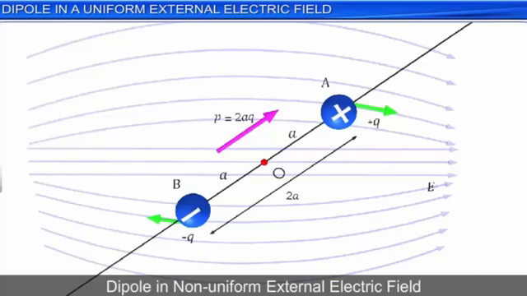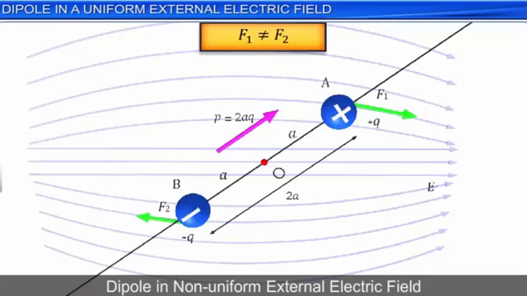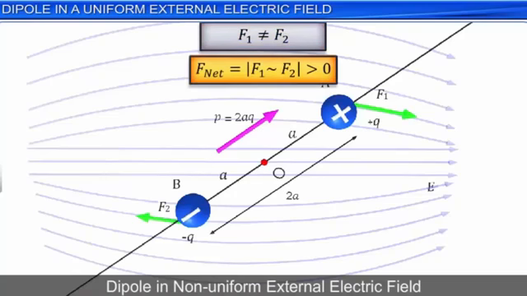Each experiences a force of unequal magnitude, say F1 on plus Q and F2 on minus Q, in different directions depending on the direction of the electric field strength at their respective locations. Hence, there is a net force on the dipole.